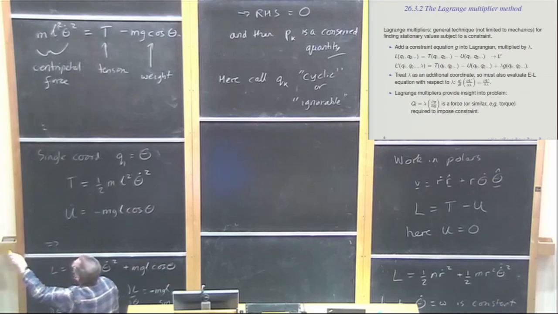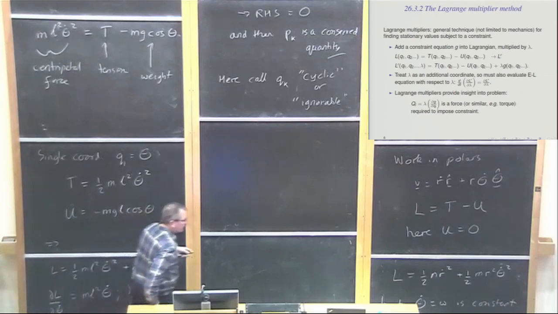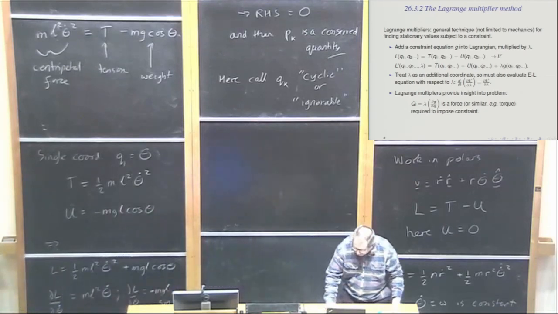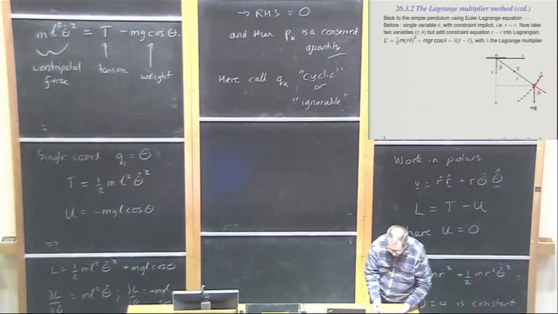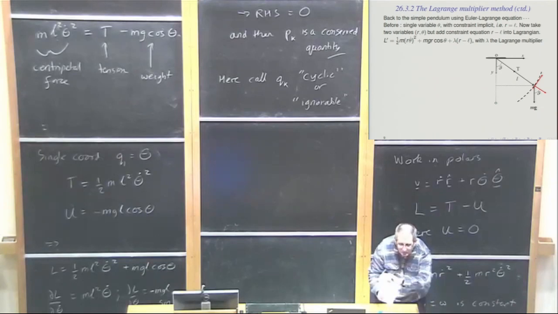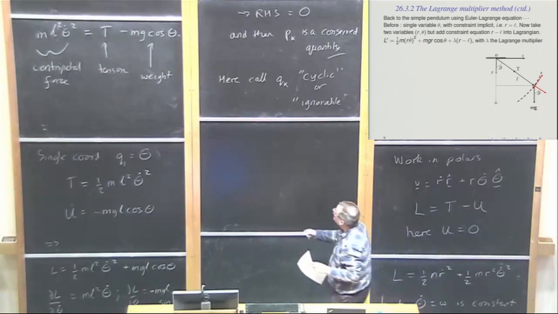So this all looks very abstract. The best way to understand it is just to do it for this same example. Right, so I shall do so here. This is actually the last slide.